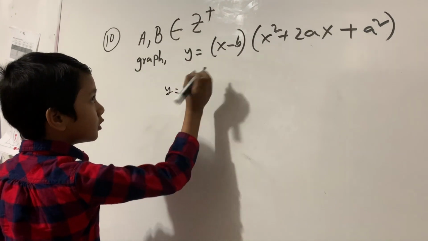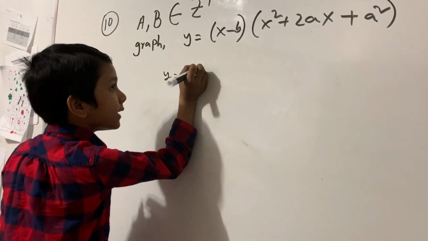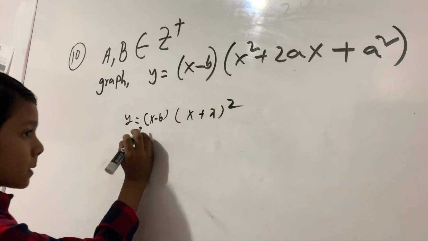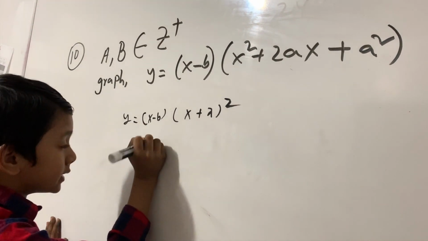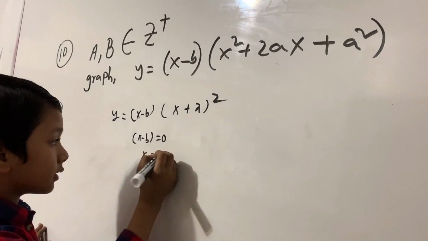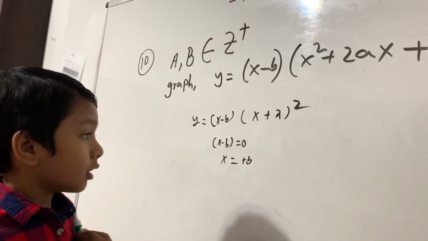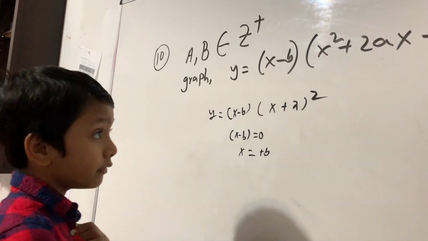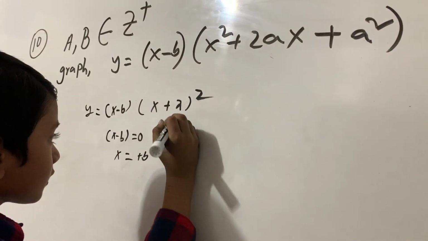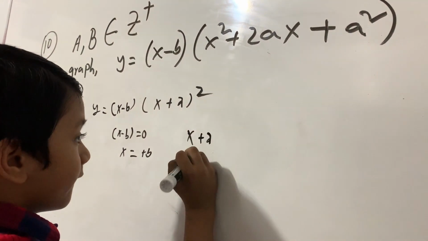So y equals x minus b squared. So x minus b equals 0, x equals positive b. And then we have 2x plus a.